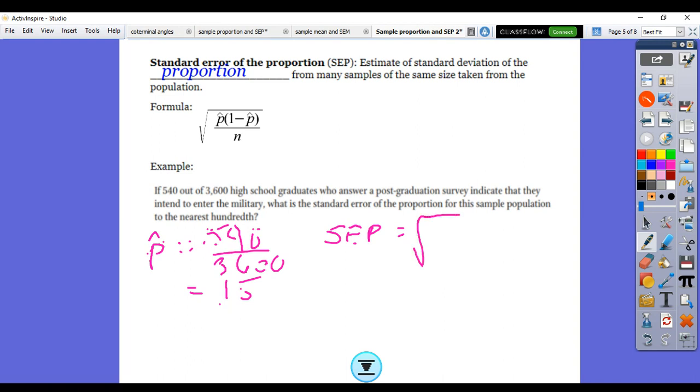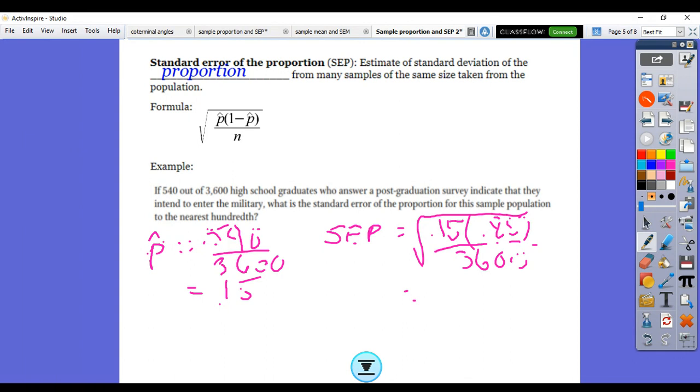That's going to be the square root of 0.15 times 1 minus 0.15, which is 0.85, over n, which was 3,600. Put that in your calculator, rounding to the nearest hundredth: second x squared, 0.15 times 0.85 divided by 3,600, and you can put that all in at once, no parentheses necessary.